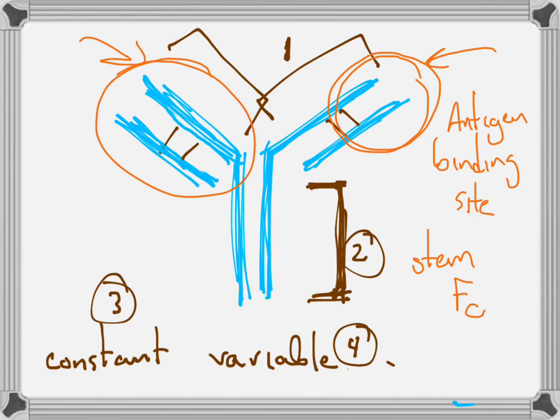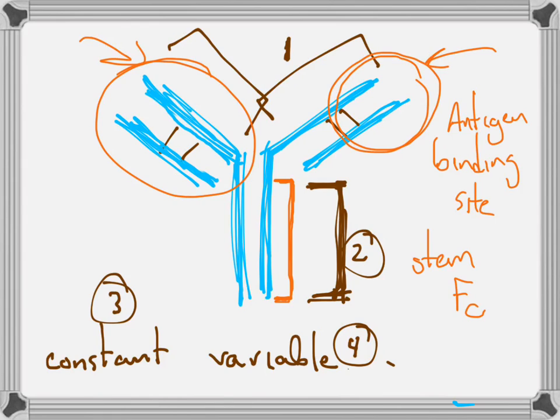So the stem, regardless of which antibody and what the target of that antibody is, this stem region is always, always, always the same. And that's really important because antibodies actually help to link together the adaptive and the innate immune response.